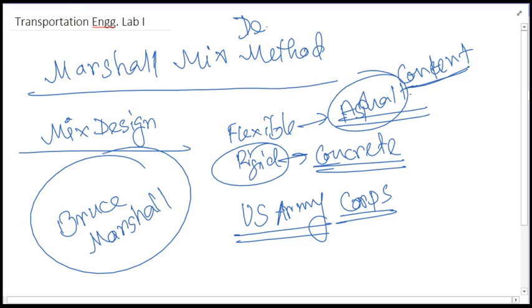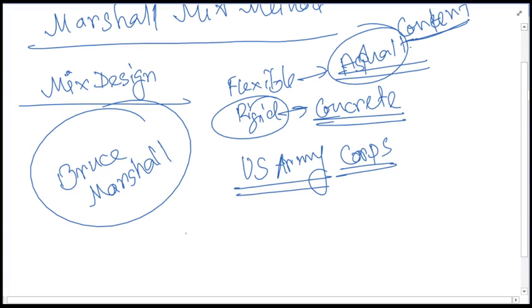So this is according to ASTM. Some features were added by the US Army Corps, that's why finally it was called the Marshall's method of mix design. And this is according to ASTM.